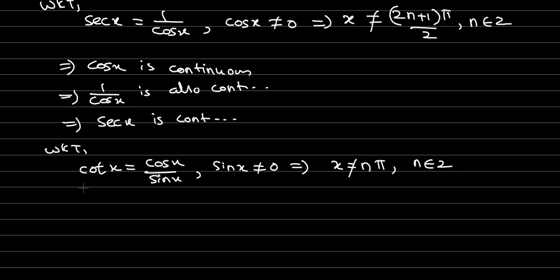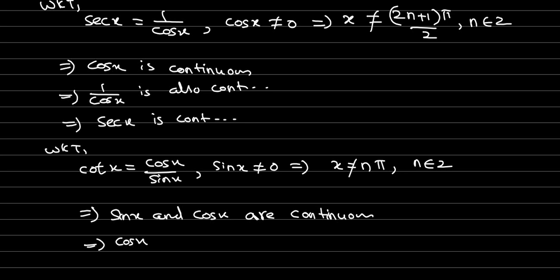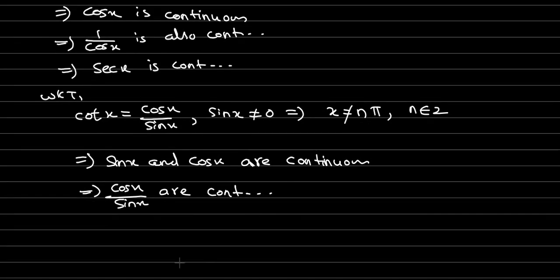Here we know that sin x and cos x are both continuous. Then obviously cos x by sin x, two continuous functions in quotient form, is also continuous. Then obviously cot x is also continuous in its domain.